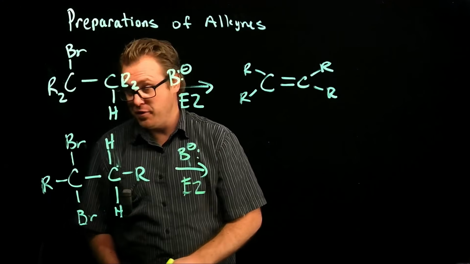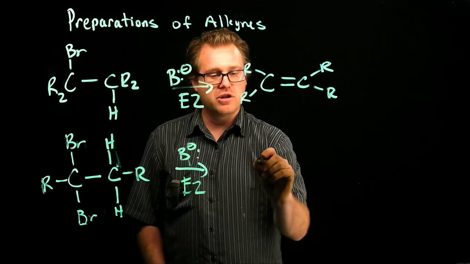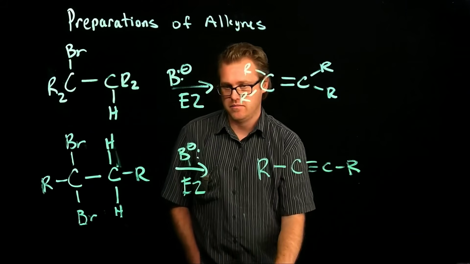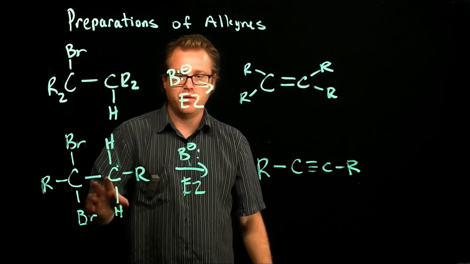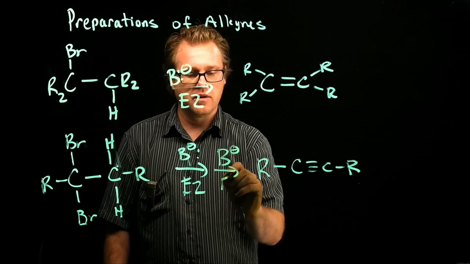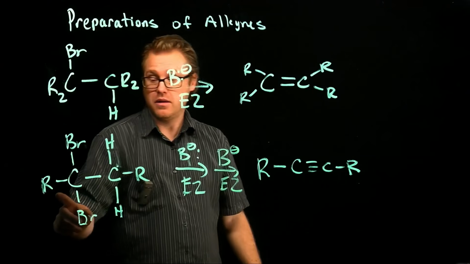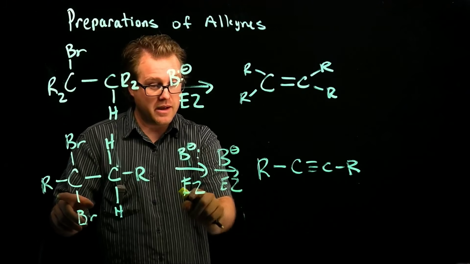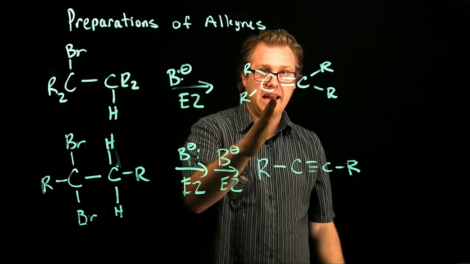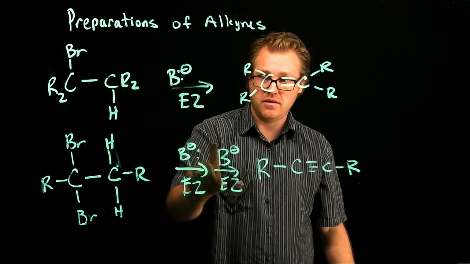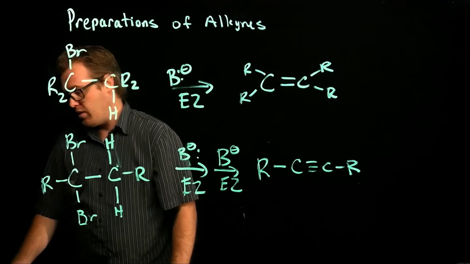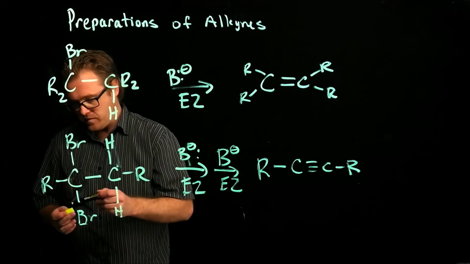We do an E2 mechanism, and we are going to now generate our alkyne. It's just now we're going to do this reaction actually twice. We're going to do one E2 reaction, and we will generate an alkene, and then we'll do it again to form the alkyne. And I'm going to show you the mechanism of how that works.